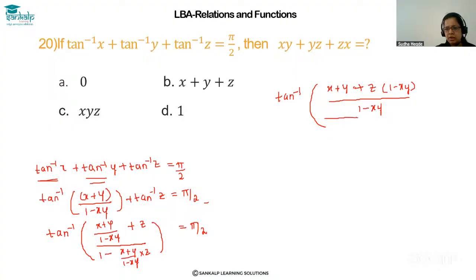Now you write the simplification of the denominator. It is 1 minus xy minus x plus y into z whole divided by 1 minus xy. That is equal to pi by 2. Are you getting?